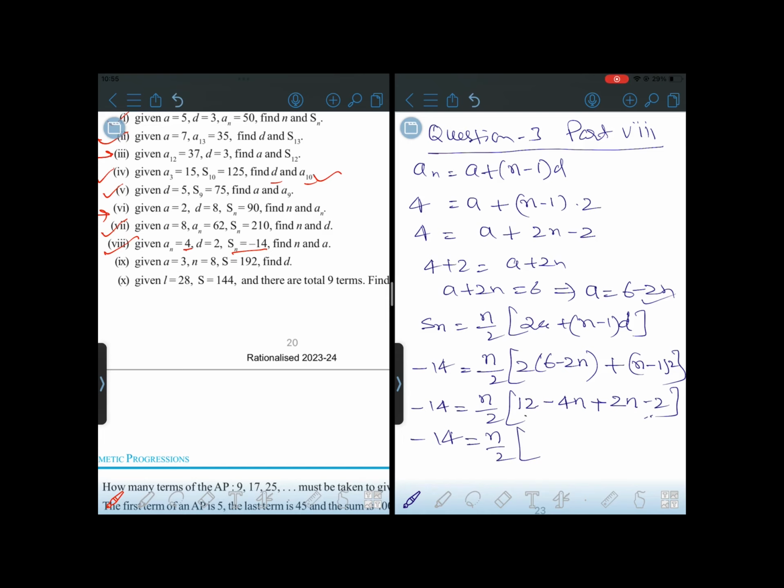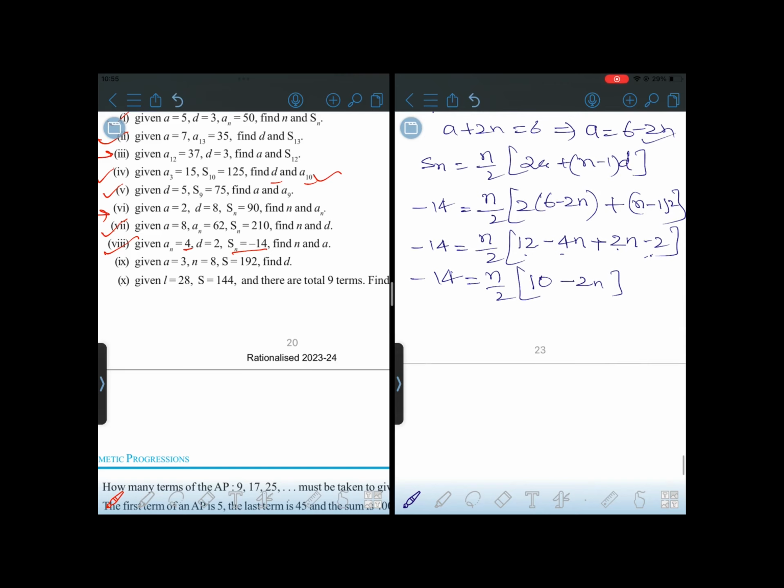Now this and this we can solve, so that becomes 10 and this becomes minus 2n, right? Now from here we can take 2 as common: minus 14 is equal to n by 2, and with 2 taken as common, that becomes 5 minus n. So we can cancel both these 2.